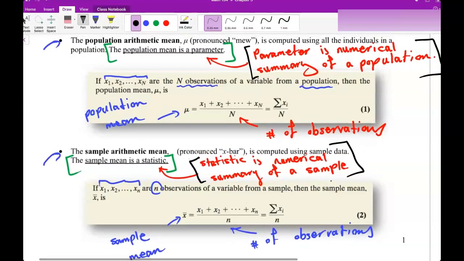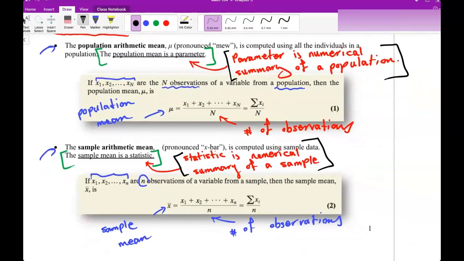Here again, exactly the same thing: sample starts with S, and that is statistic.